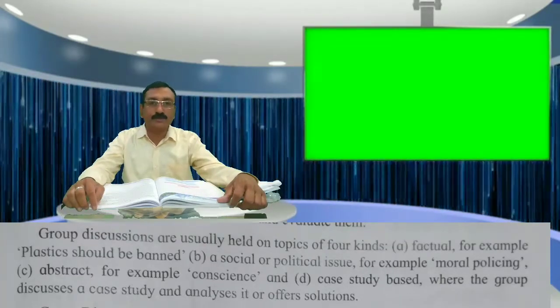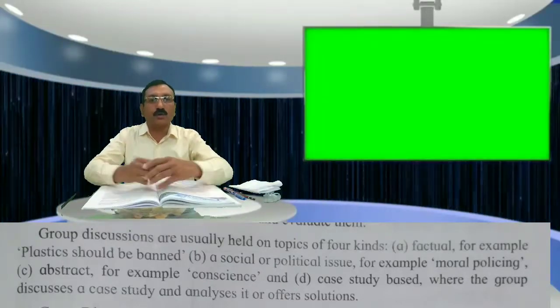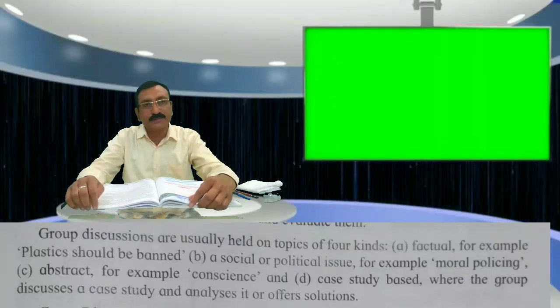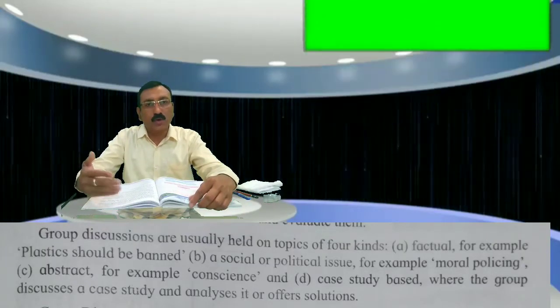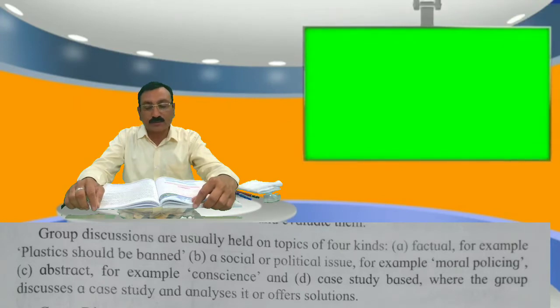So the second type of topic for the participants is social or political. The third type is abstract. For example, conscience. And the last one is case study based, where the group discusses a case study and analyzes it or offers a solution.